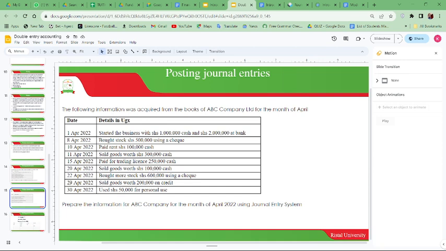Then we have 29th of April, sold goods worth 200 on credit. When you sell goods on credit, you have debtors. Those are the people that the company demands, the people who owe the company. So when you sold goods on credit, it means you gave out the goods on credit.